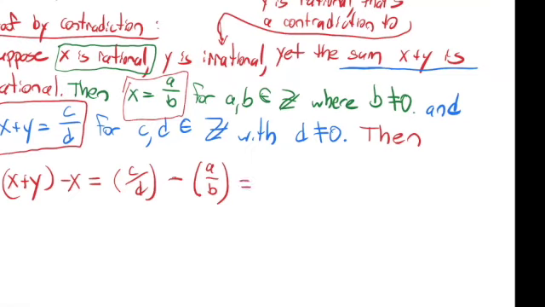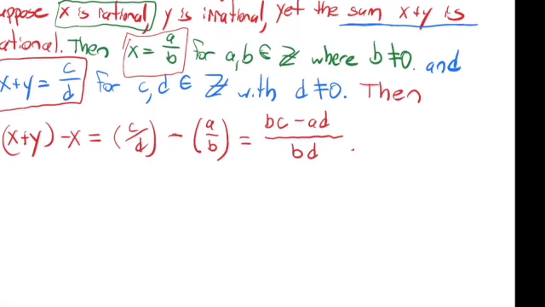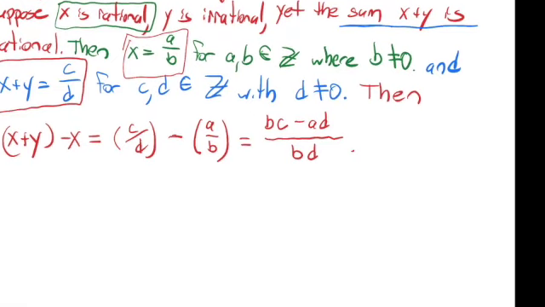And we can do some algebra over here and get that this is bc minus ad all over b times d. So I have an expression for x plus y, I have an expression for x, so we're just trying to do the algebraic thing and say, what would that imply about y? And so why is this a contradiction over here?